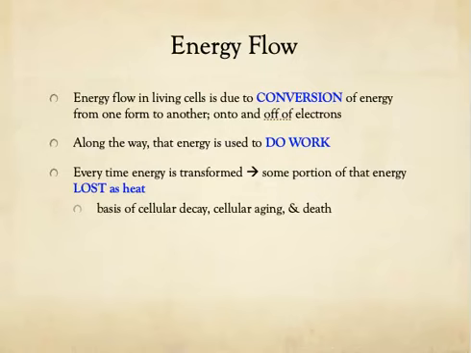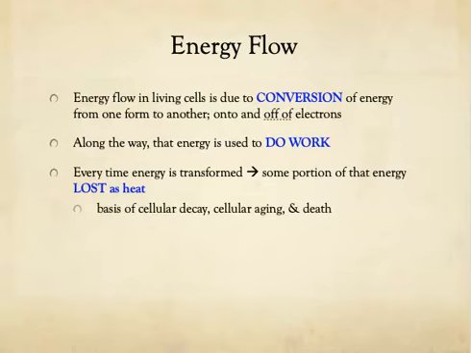And as we spoke of earlier in the lecture, one of the options for a cell in terms of what to do with free energy is converting that free energy into a form that is more helpful for the cell in that moment.